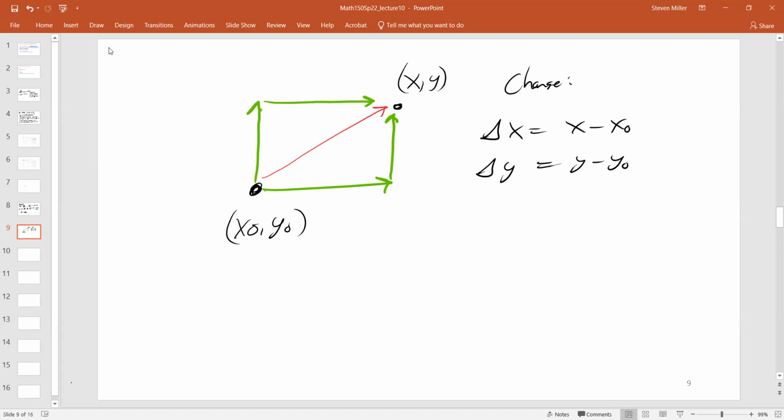How much should the function change if I move along the X direction? How would you guess how much the function should change? Because if we move in the X direction, there's no Y, we're just moving in the X direction. So what should the change in the function be?